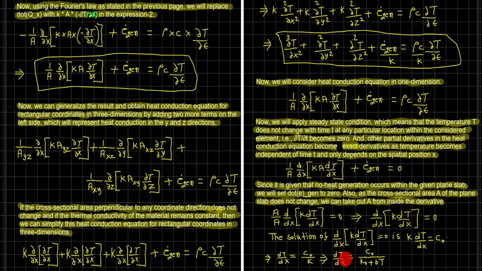So this temperature gradient will decrease. In simple terms, as x increases, temperature increases, and this denominator increases, which causes this term to decrease because C naught is some positive constant.